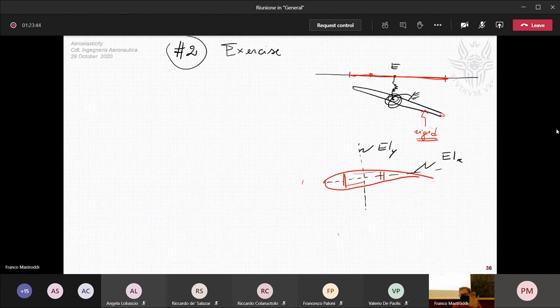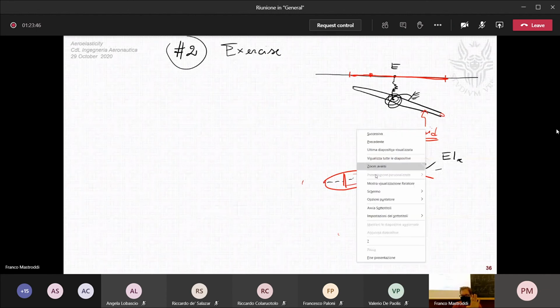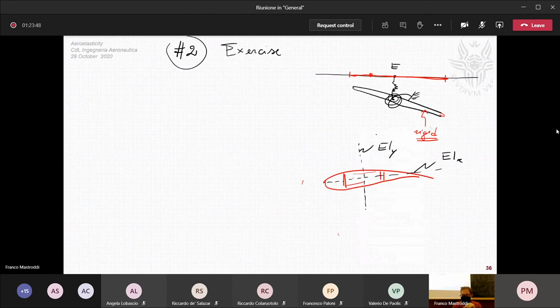Excuse me, you have EIX and EIZ, because Y is the dimension of the span. So typically, imagine to have the plane of the wing.